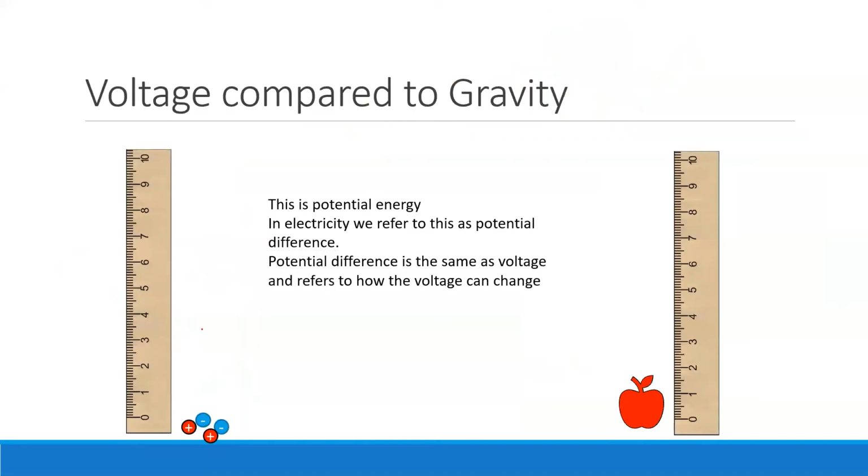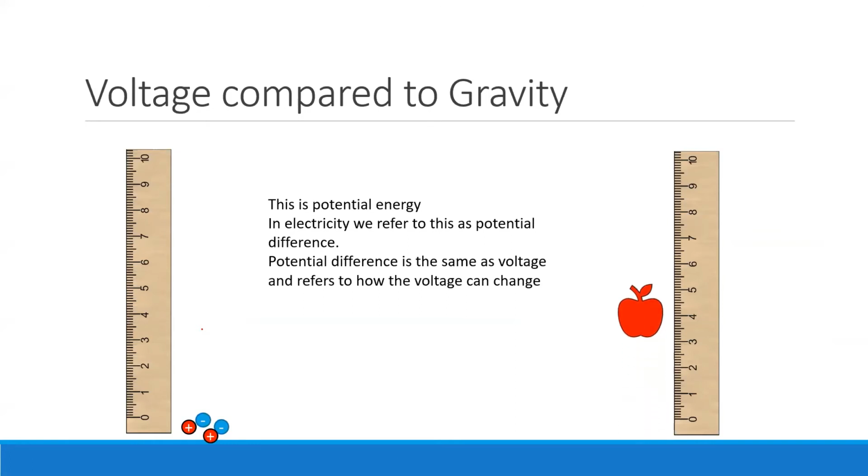I like this example, and I made this example literally a minute before I came online, but I wanted to show you guys this example here. I want you to compare voltage to gravity, okay? On the left, I've got a bunch of electrons and a bunch of protons, and on the right, I've got an apple.